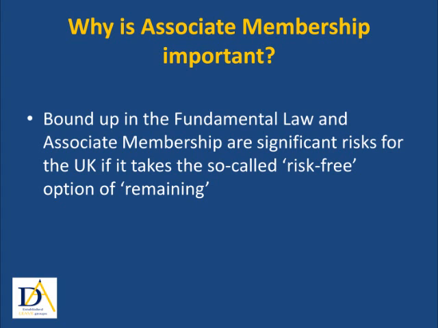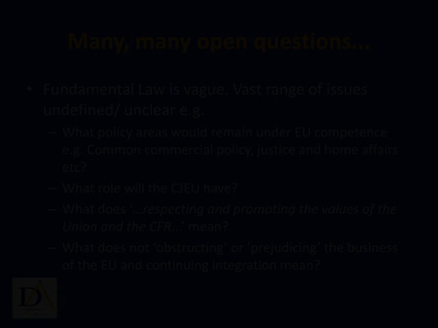So, as I was saying earlier, the Fundamental Law is incredibly vague about exactly what it will mean, particularly for the second tier or the outer ring of member states, i.e. the associate members. I've thrown up some initial questions on this slide about what areas of policy would remain under the auspices of the EU and what could potentially be repatriated.